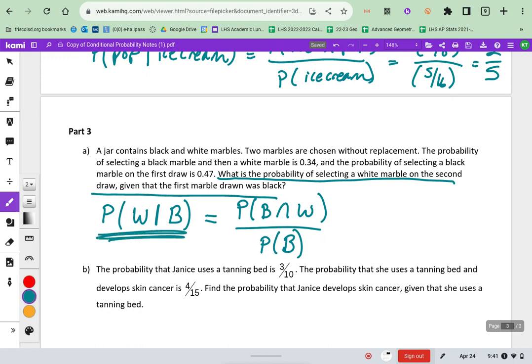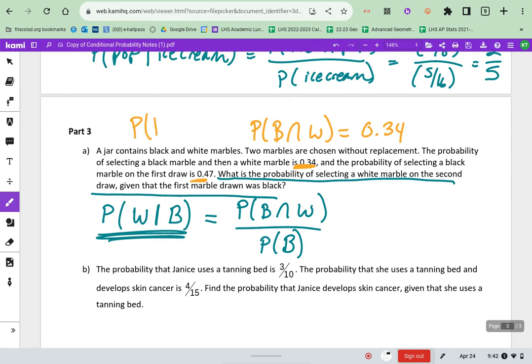All right, so let's reread our problem and see what else we've got. The probability of selecting a black marble and then a white marble is 0.34. Okay, that's the probability of black and white. So the probability of black and white is 0.34. And the probability of selecting a black marble on the first draw is 0.47.